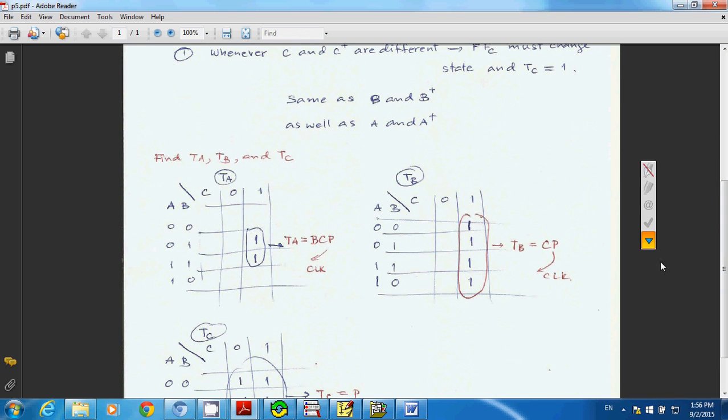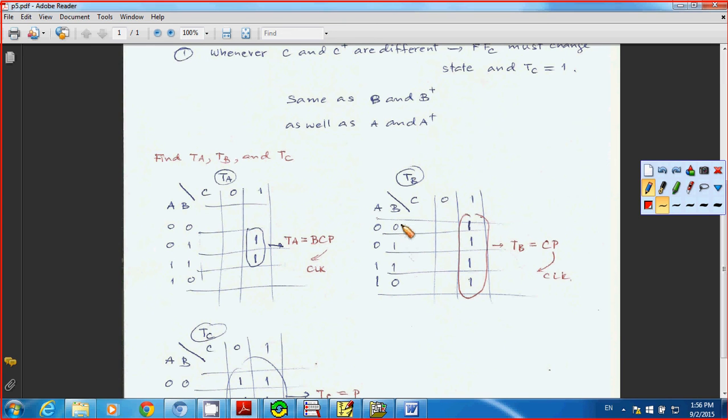And then you can write TB in terms of input ABC by taking a look from the top to the bottom here. A and B all change, so you ignore A and B. But this one has only one column, and C here has the logic 1, so you simply put C here, and also end with the clock.